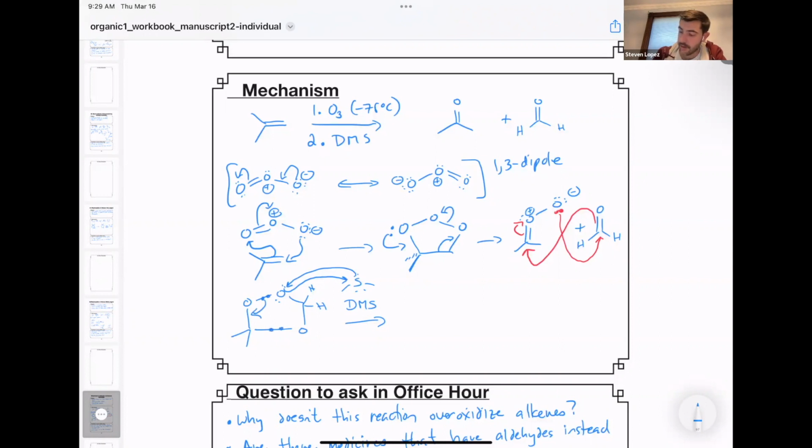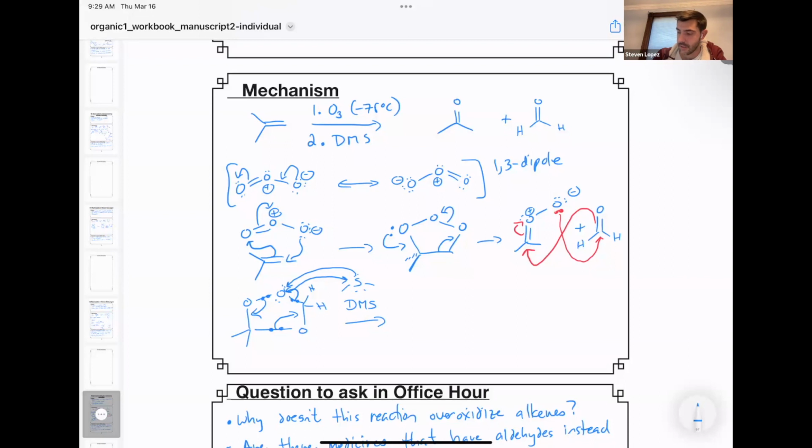And this carbon-oxygen single bond collapses to form what will become the aldehyde. And then the two electrons that are left on this carbon-oxygen bond will go back onto the oxygen, to replenish the charge that gets added to the sulfur.